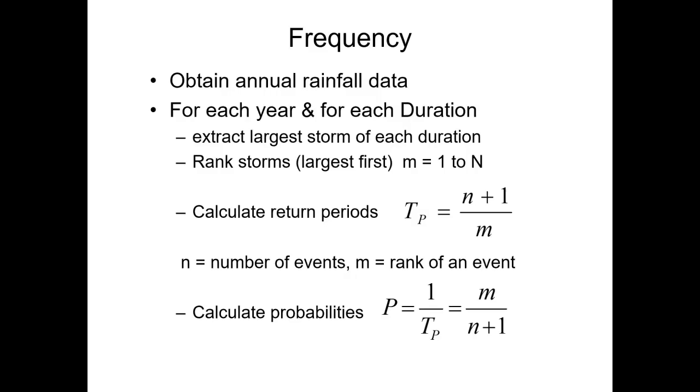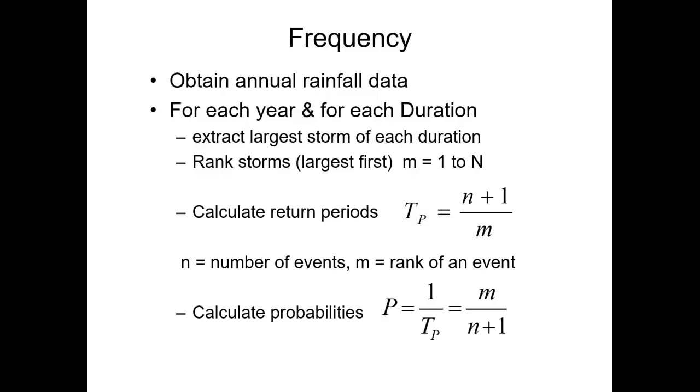So the probability is the inverse of that. So if we have 99 years of data, the one that's number 1 has a return period of (n+1)/m: 99 plus 1 is 100, over m of 1. It's the biggest one, so your return period is 100.